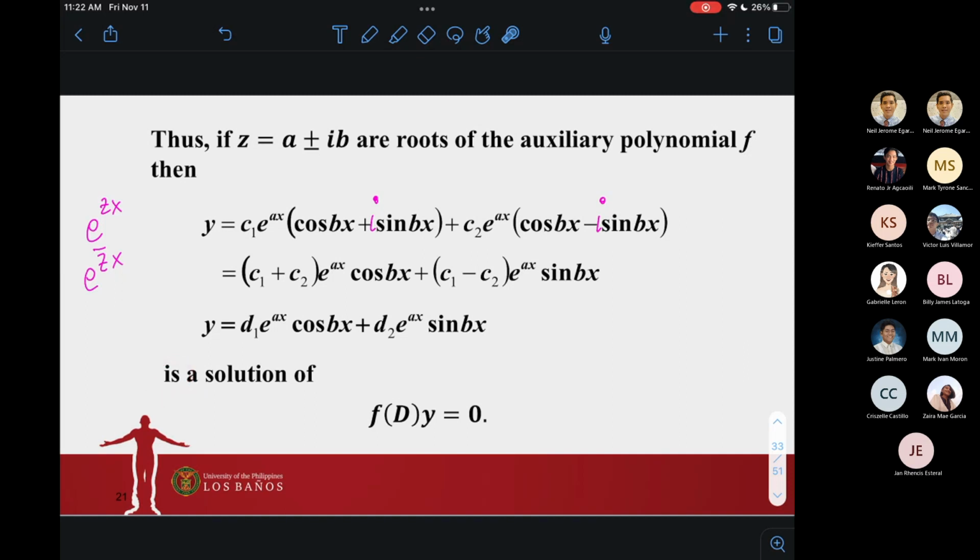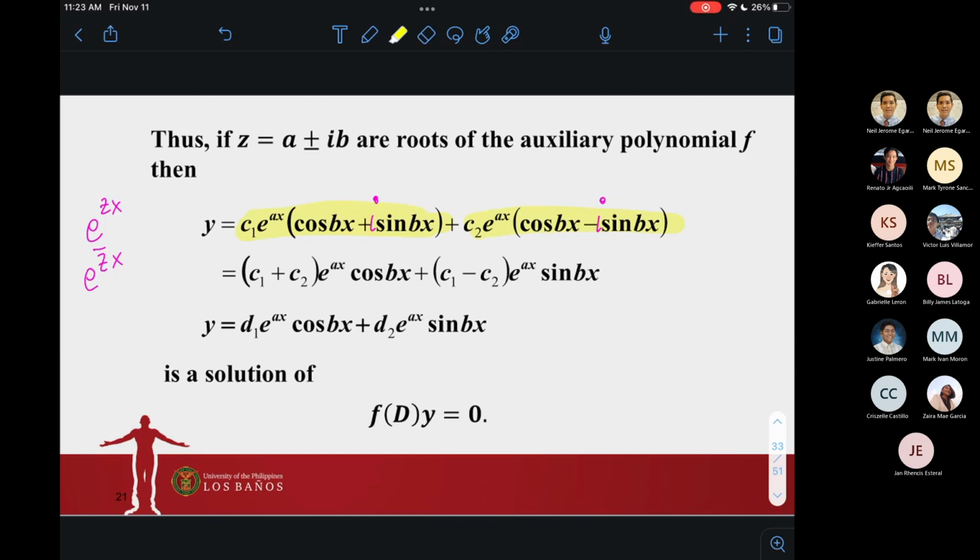Okay? Now, paano natin siya i-manipulate? Well, kunin mo yung linear combination. Ito yung solution na nanggaling kay a plus ib in trigonometric form. Tapos ito yung solution na nanggaling kay a minus ib in trigonometric form again. And we get the linear combination of these two solutions.